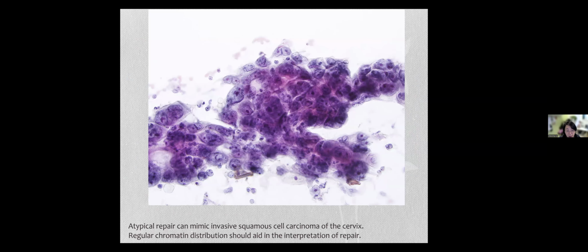This is atypical repair. This is the most bizarre reparative change I've ever seen. You have all the features, very prominent nucleoli, but the chromatin, again, is very fine, regular chromatin, not chunky and dark. And you do have prominent nucleoli.